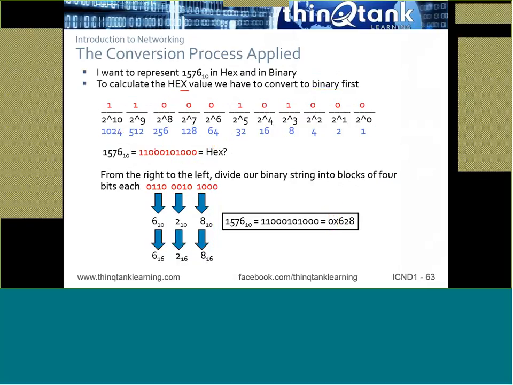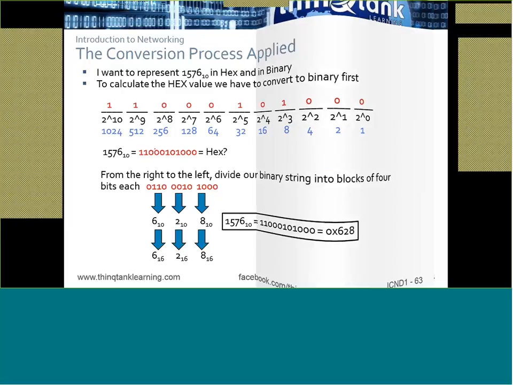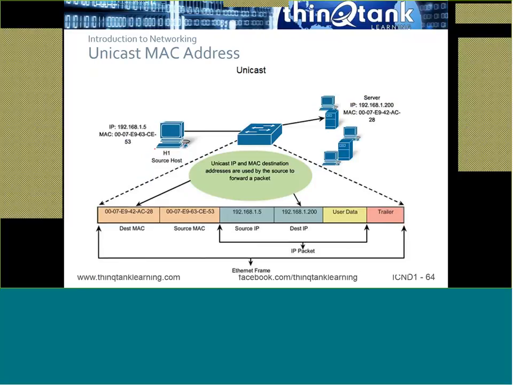Any questions? On the exam, you're not going to be required to do any hexadecimal conversions. You may be required to do some binary to decimal conversions, but no hexadecimal conversions. Within MAC addresses, we also have different ways of communicating. One of the ways of communicating is unicast.